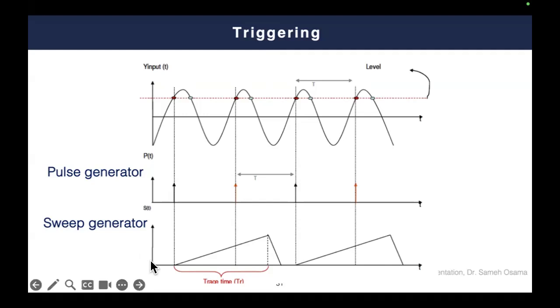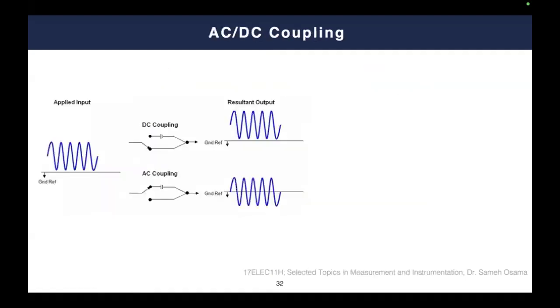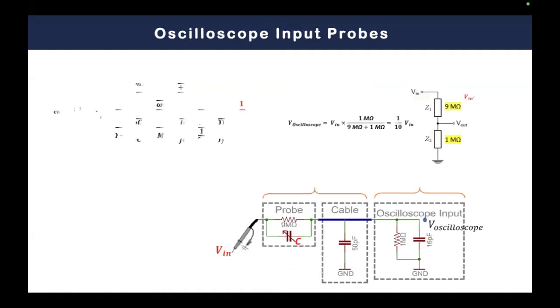So you are going to start the sawtooth exactly at the same time as the input. And that's why if the sawtooth starts here and the input starts here, then you capture the real phase of the signal.